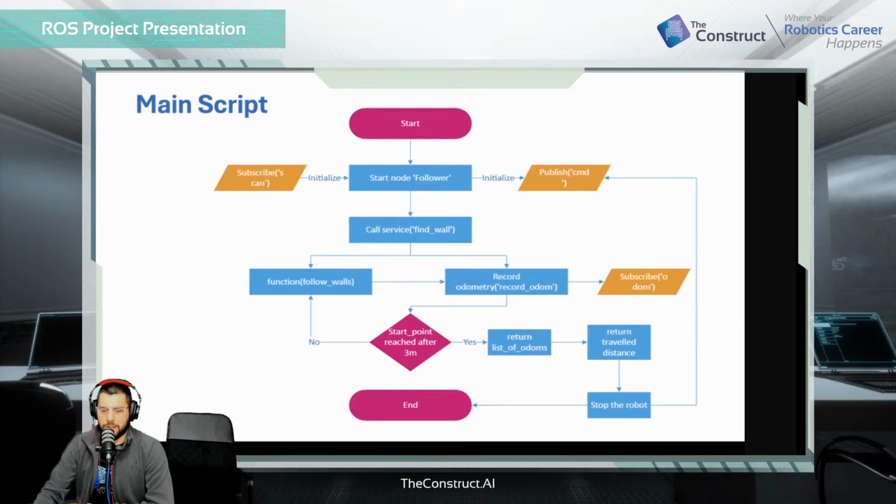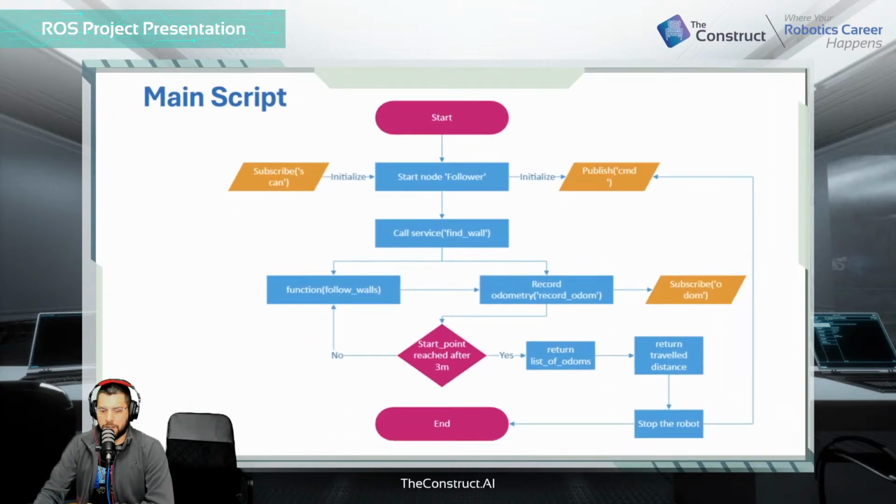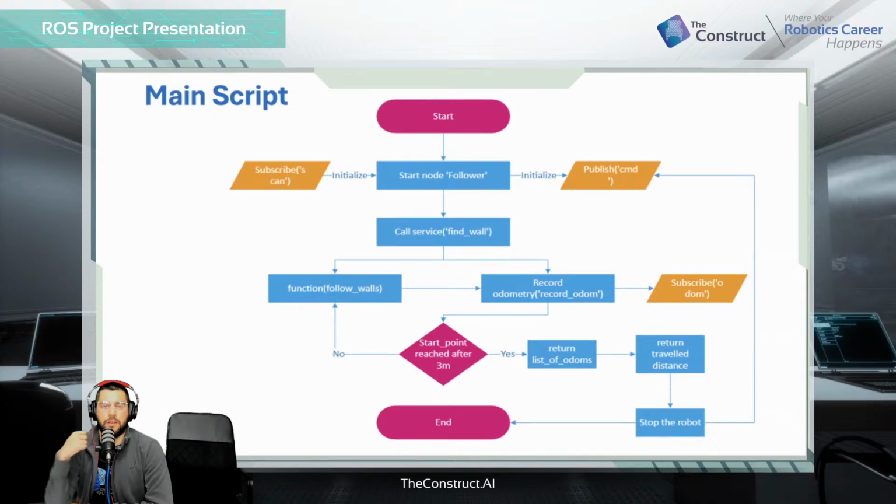When the main script starts, it initializes a subscriber and a publisher. The first thing it does is call the service for finding the nearby wall, turning for detecting the wall, and then finding the right direction. Then it will start moving forward, wall following, and at the same time record the coordinates that it came across.